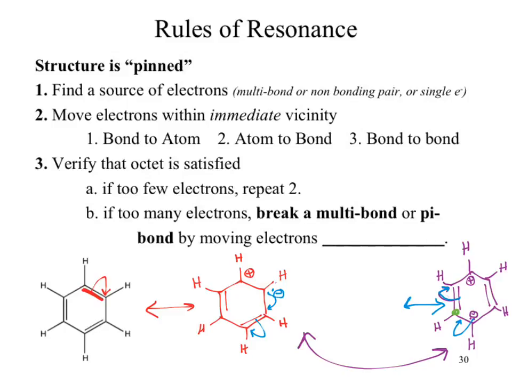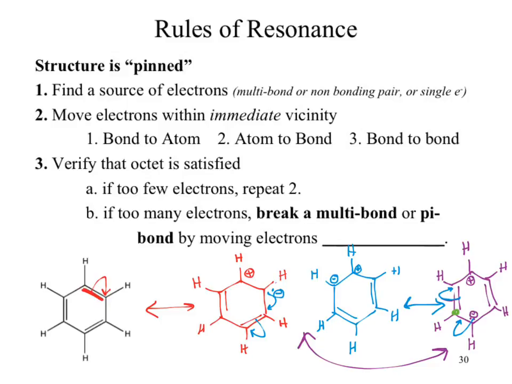Instead of going from the bond to the atom, I could try and push that. Actually, no, we're going to draw that. Change my mind. All of these fun drawings, positive, negative.